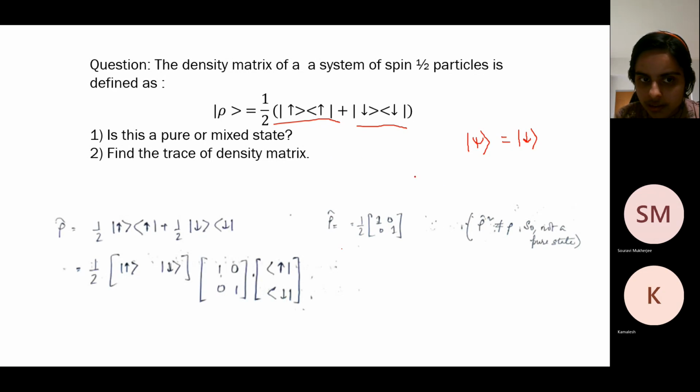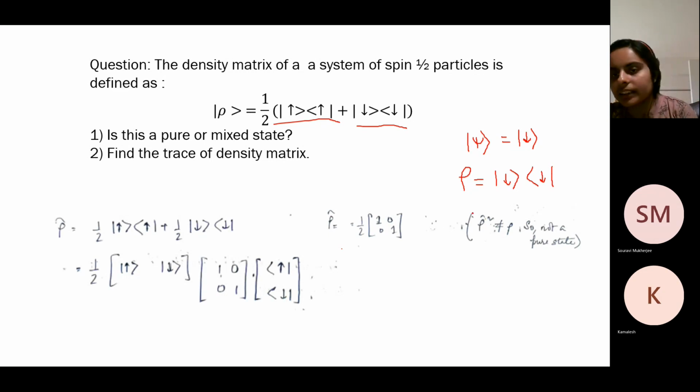Rho is defined as the outer product of psi, right? So your rho will be only this. Is that correct? Yes, ma'am. Okay. So now if this is rho, what will be the matrix form of this?